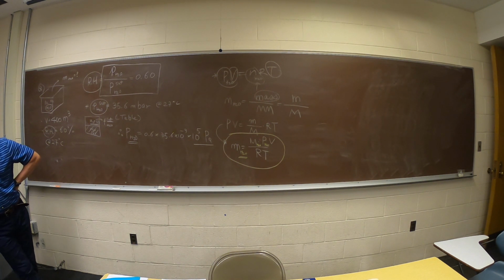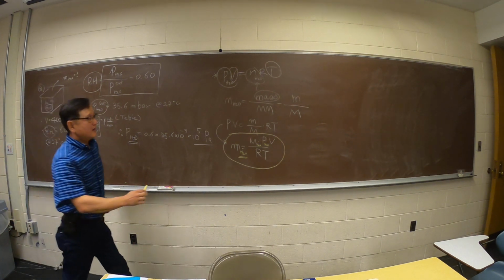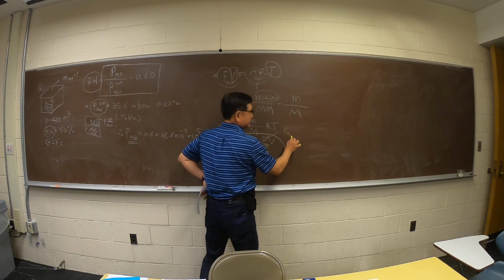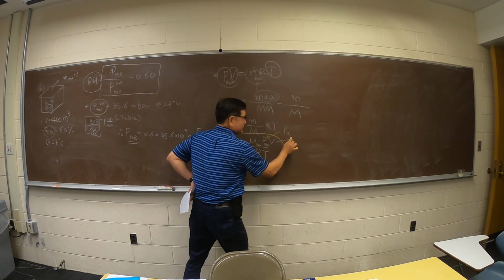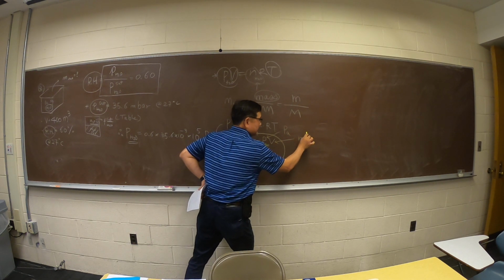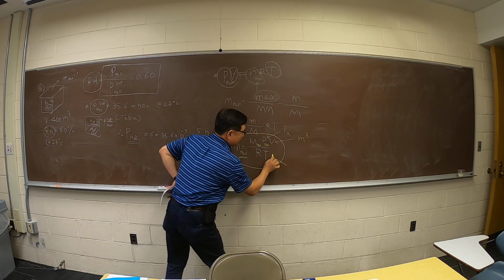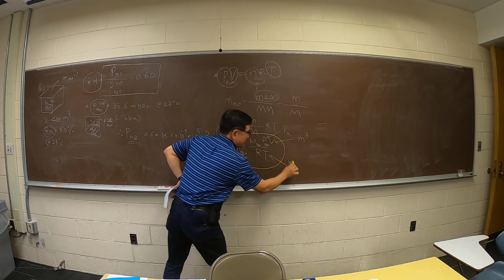Okay. And there is some difficult part here. So far is easy. Okay. The trick, I would say not a difficult, the tricky part is my information is based on the Pascal here, right? So I'm going to use volume in a unit of cubic meter, and obviously I'm going to use this as a Kelvin.